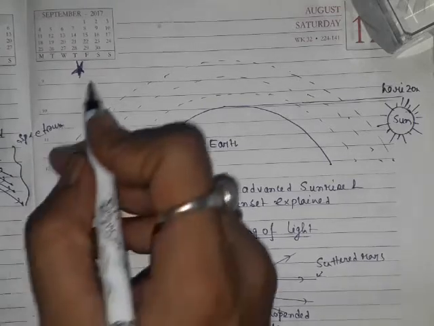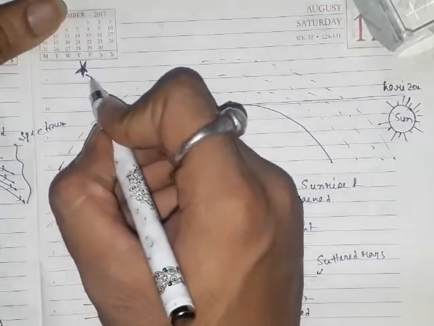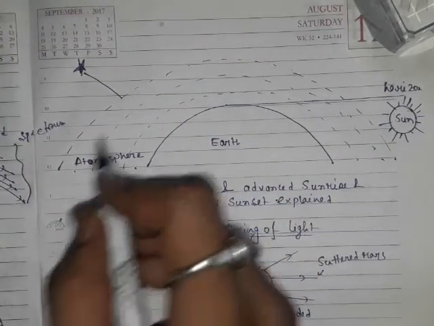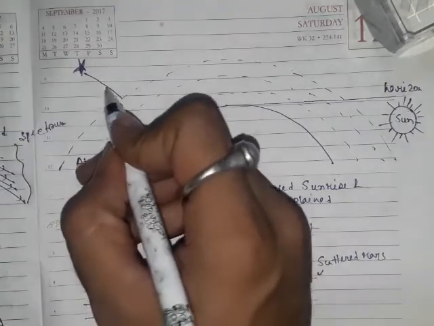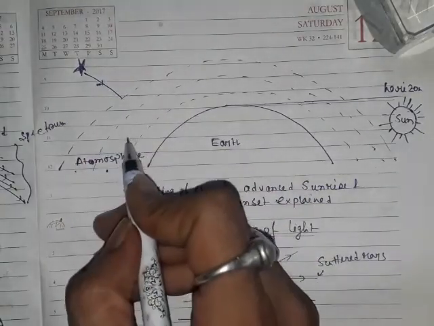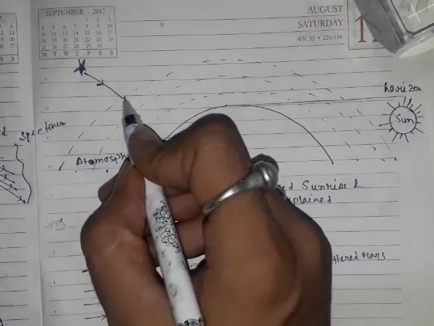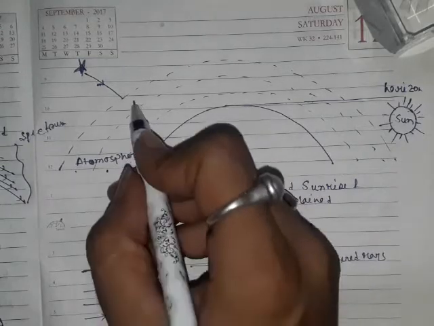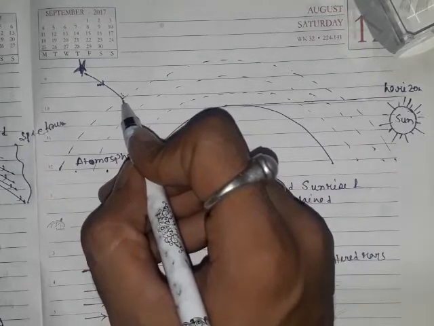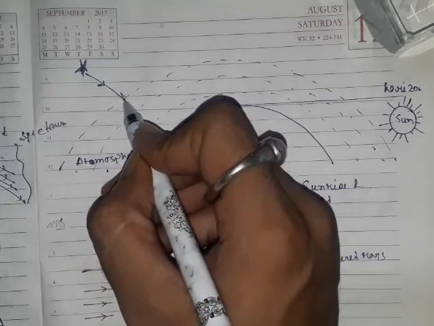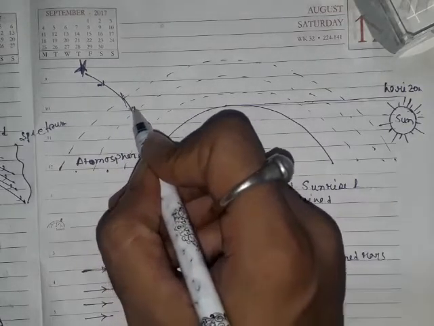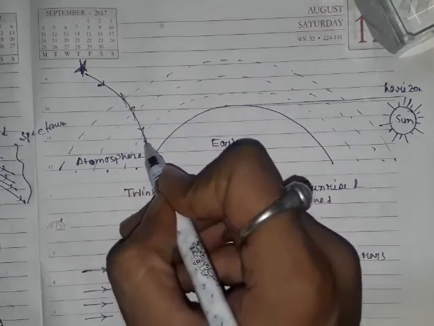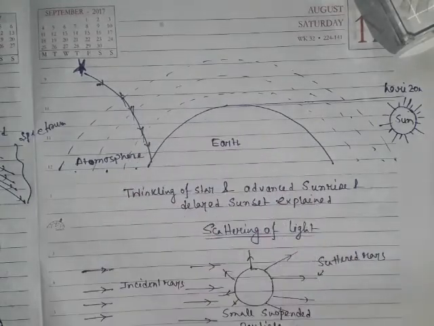Now when light comes from the star and encounters the atmosphere of earth, it suffers some amount of refraction. As it comes closer to the earth, it is going from a rarer medium to a denser medium. So it will move towards the normal, and it will take this kind of path.